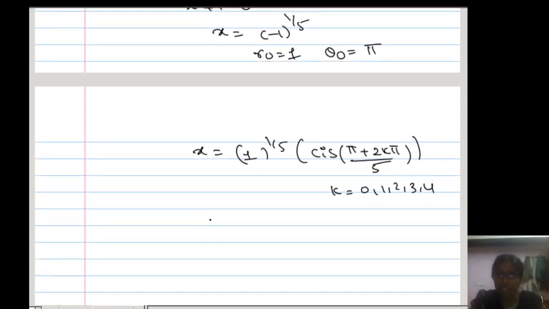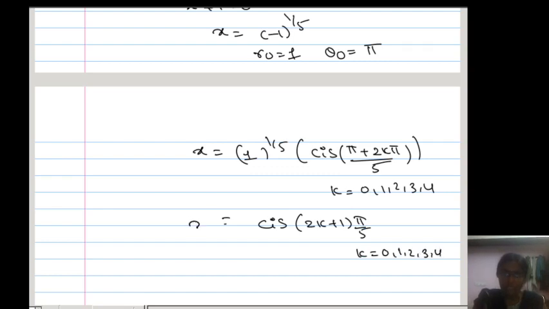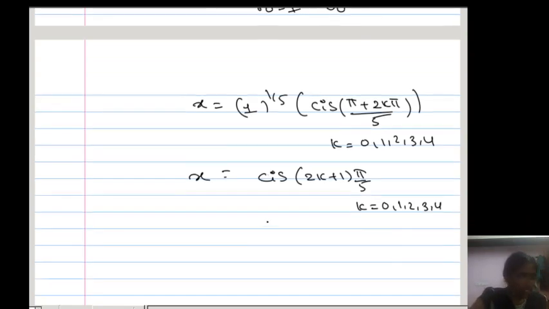So this is the fifth root of the complex number minus 1. Then x is cis of (2k plus 1) pi by 5, where k is equal to 0, 1, 2, 3, 4. So this is our solution. In total, how many roots do you have? Not 4 roots, 5 roots.